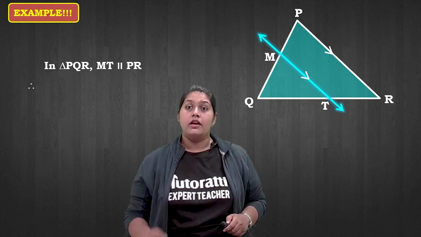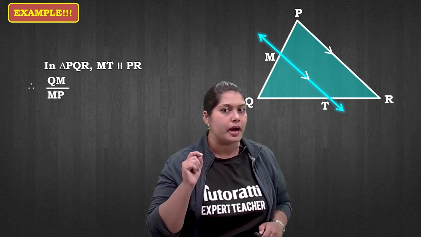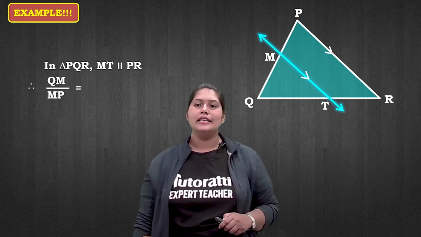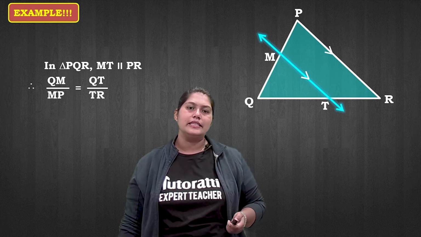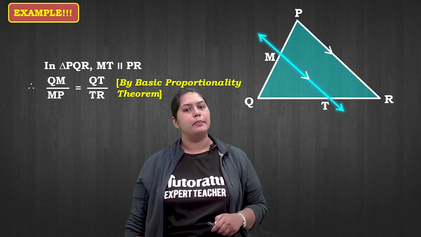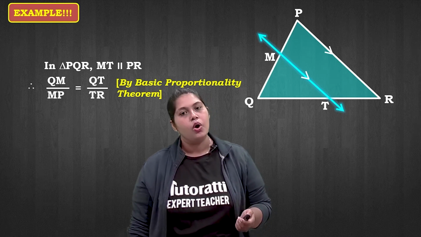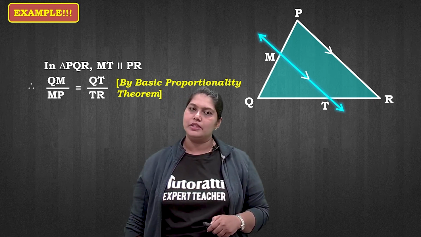Therefore, we are going to write the ratios, that is QM upon MP is equal to QT upon TR. And what is the reason, children? Yes, it is by the basic proportionality theorem or by the Thales theorem. Yes, very simple, children.